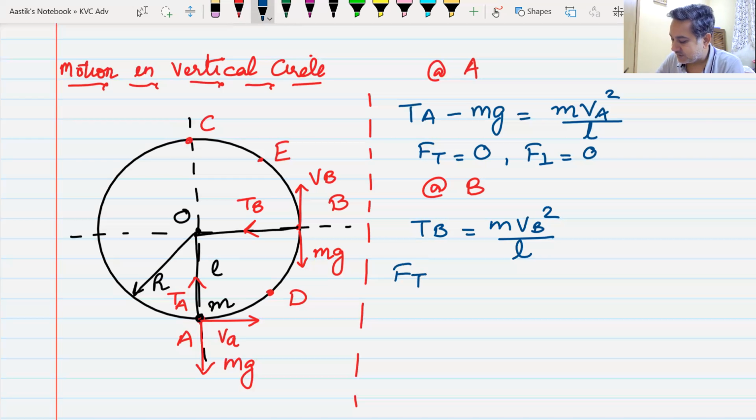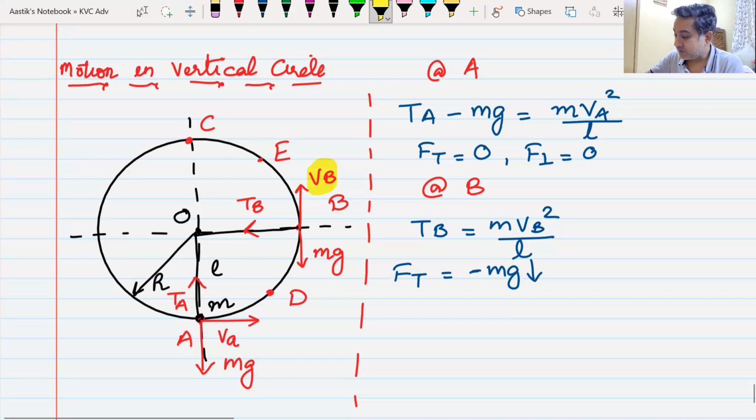F tangential, in the tangential direction, it is weight, mg. And I will call it minus mg because it is opposite to the direction of velocity, and I'm taking the direction of velocity as positive. So the tangential force is minus mg. Do we understand this?